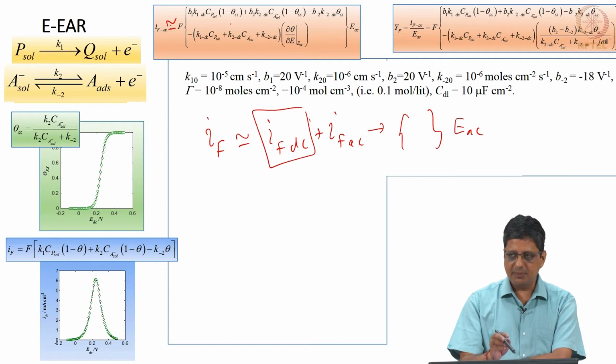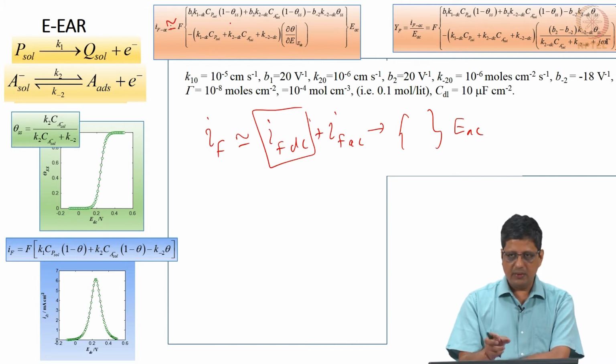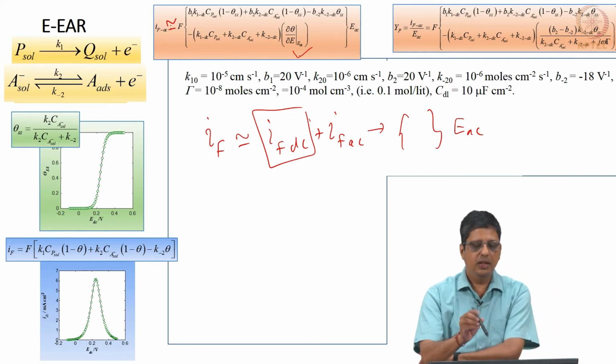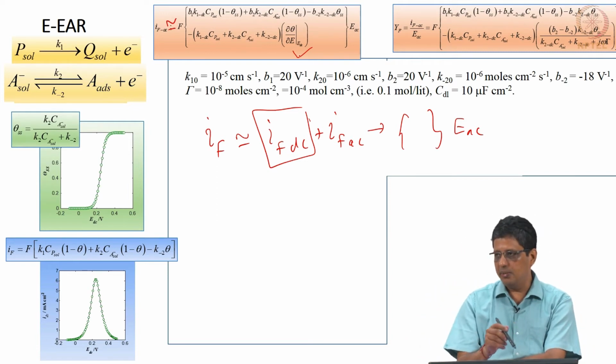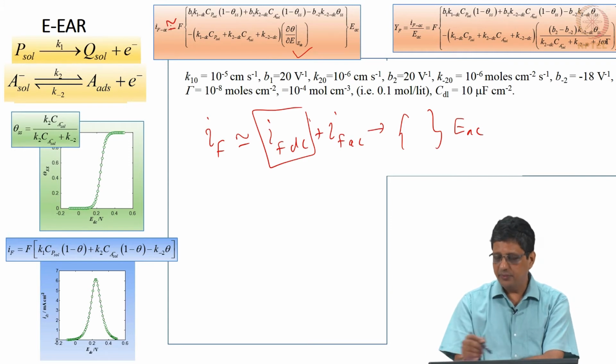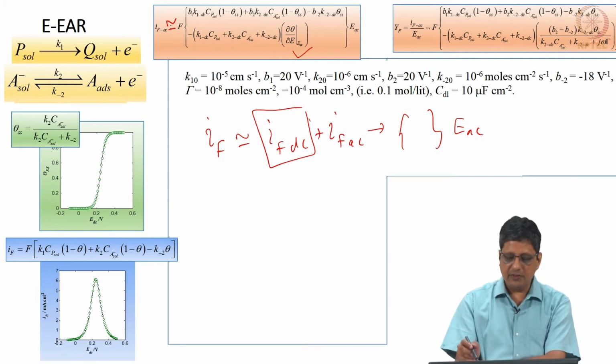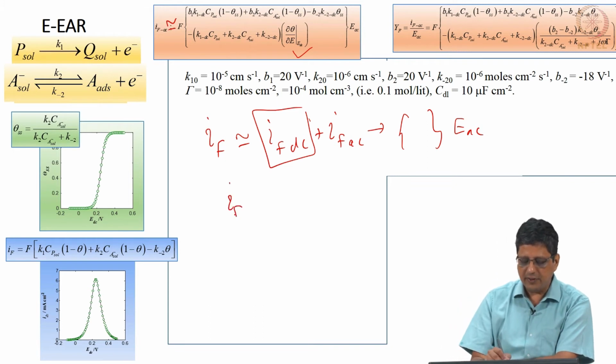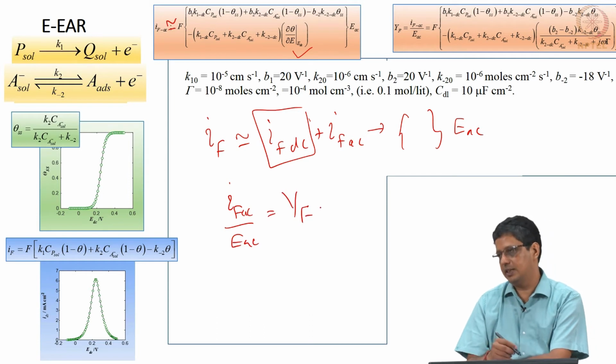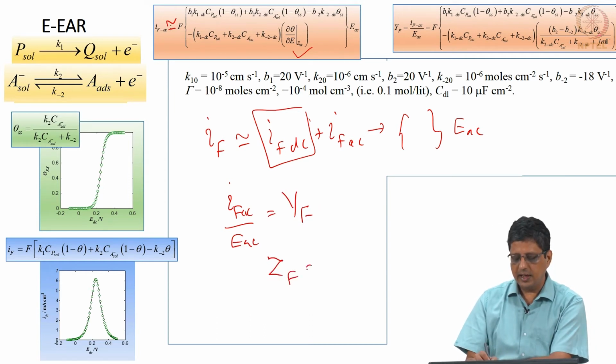It requires us to expand theta in terms of theta SS plus d theta by dE EAC, truncate it at that level, take the product, rearrange, simplify, and you would get everything, but we need to substitute for d theta by dE. Once you do that, you get IF in terms of EAC, take the ratio of IF AC to EAC, and what you get is the Faradaic admittance. Take the inverse to get the Faradaic impedance.